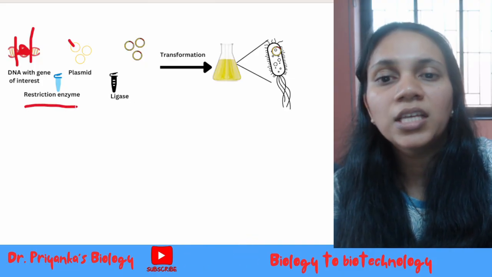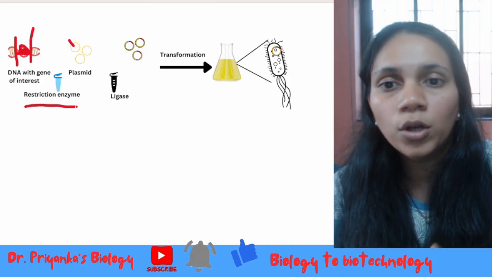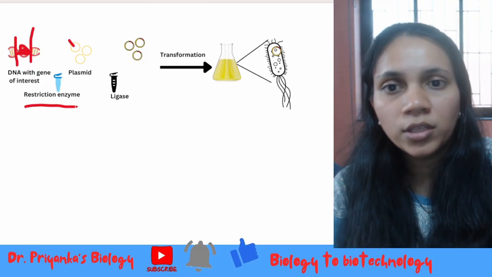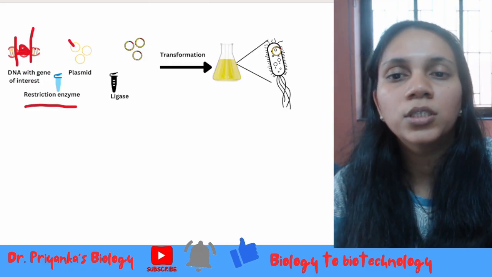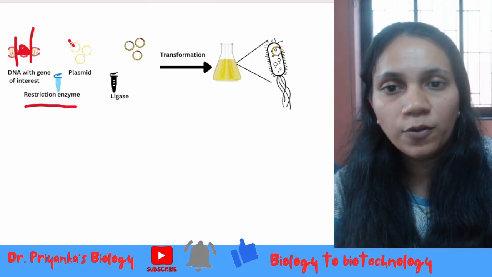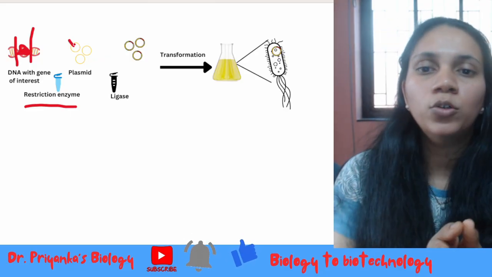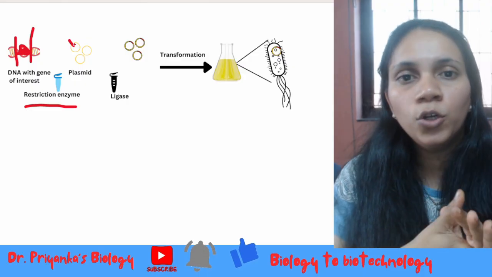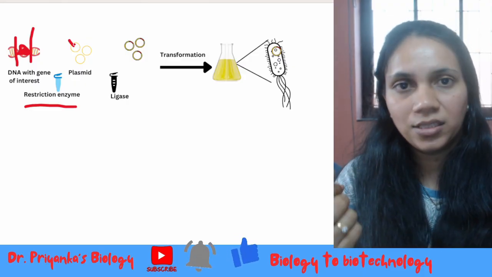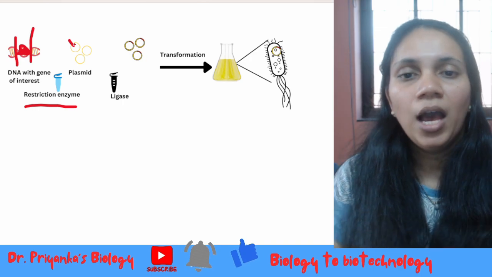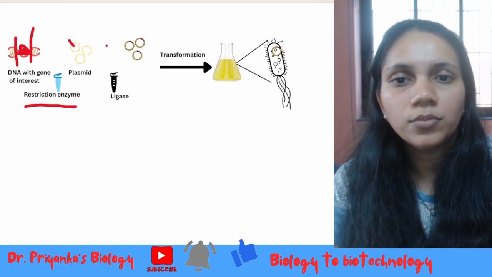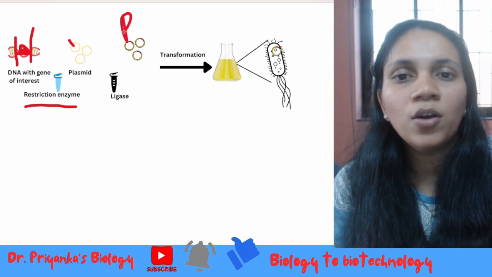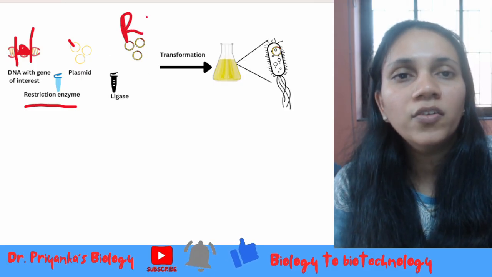We need to use the same scissor, that is the molecular scissor, the restriction enzyme. Based on that, specific cuts will be produced in both cases, and after this they will be brought together and glued with the help of ligase. There will be ligation, and such ligated plasmids are called recombinants because they have undergone recombination.